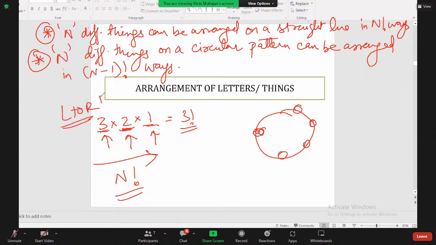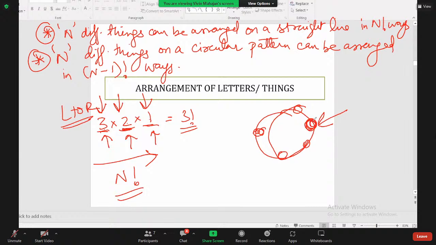So we know this is the first position, this is the second position, this is the third position. But on a circular pattern, there is no left to right. So we cannot conclude which one is going to be the first position. So that means we need to fix one of the positions first and then arrange the leftovers. Whatever we fix, we cannot arrange anymore.